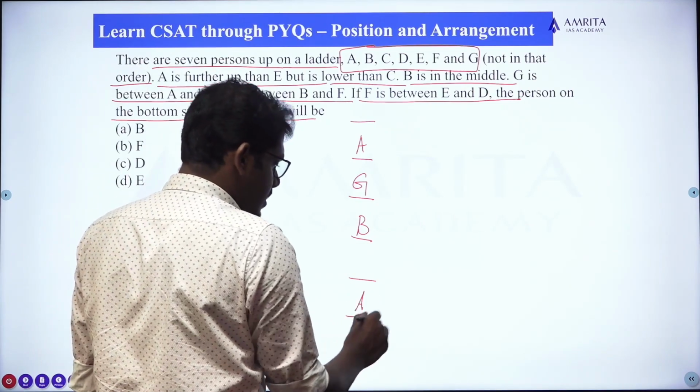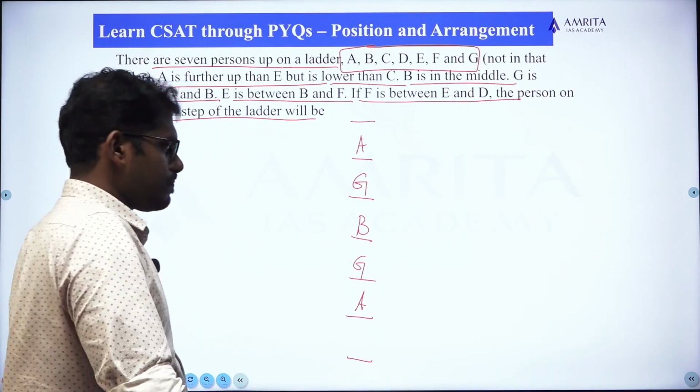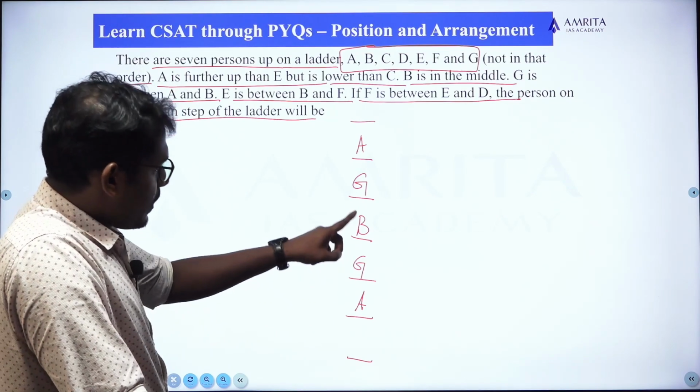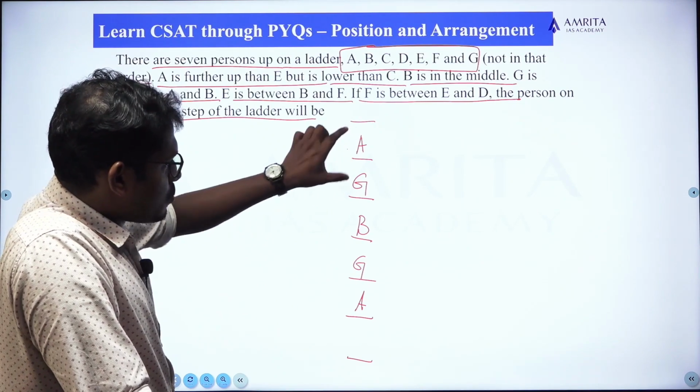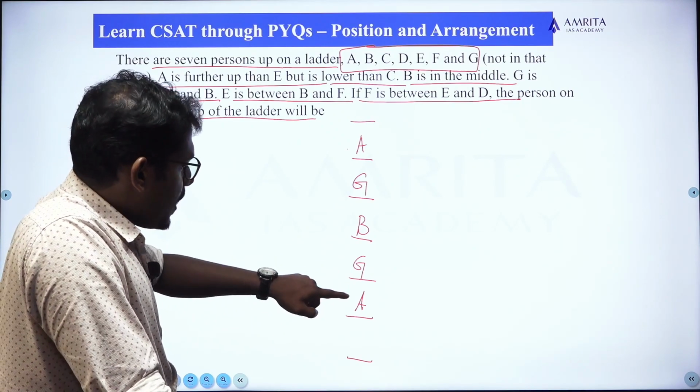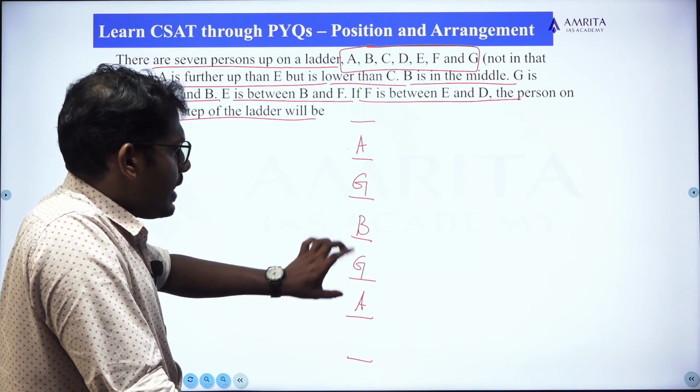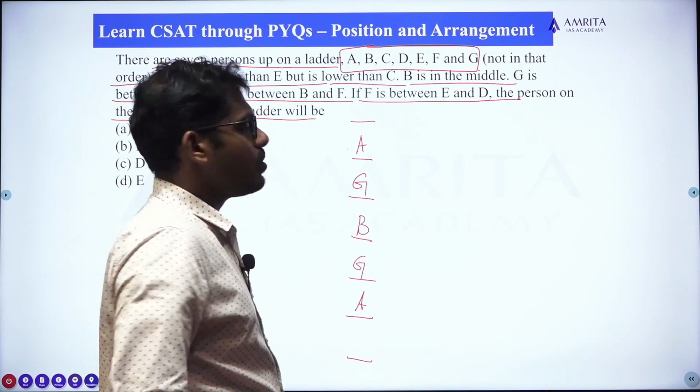If A is in this position, then between A and B, G will be here. Clear?